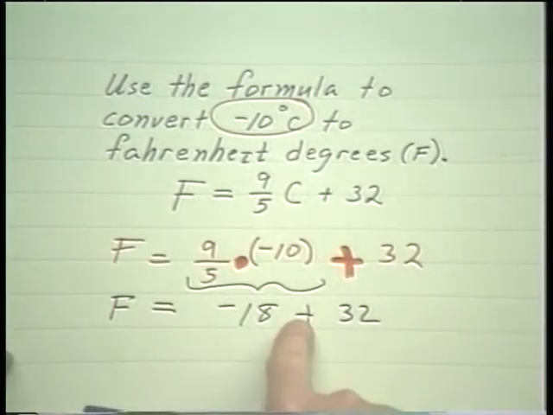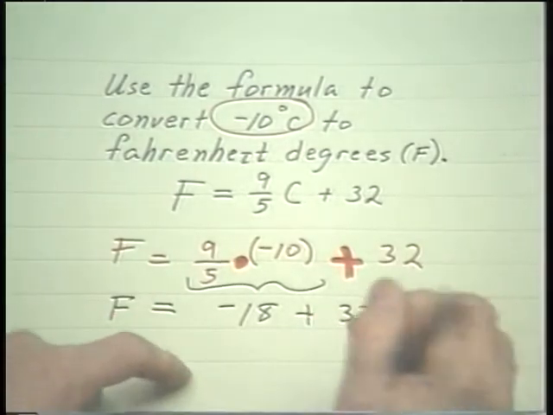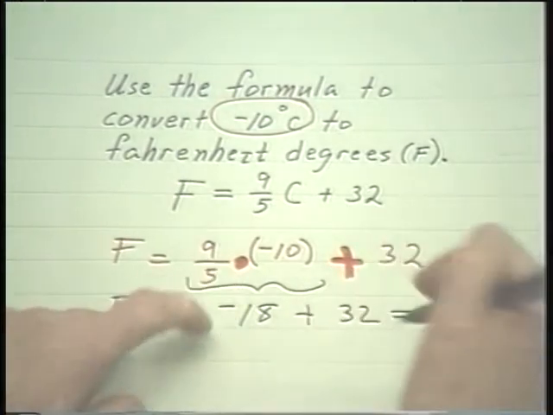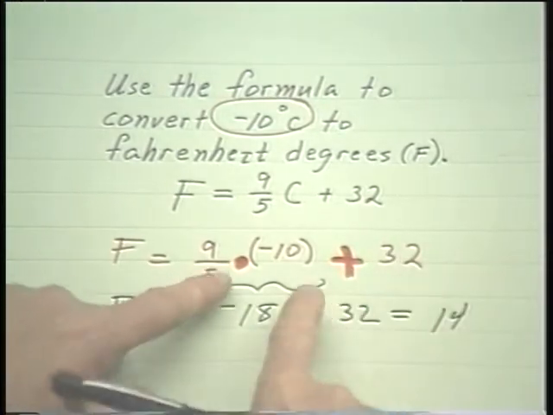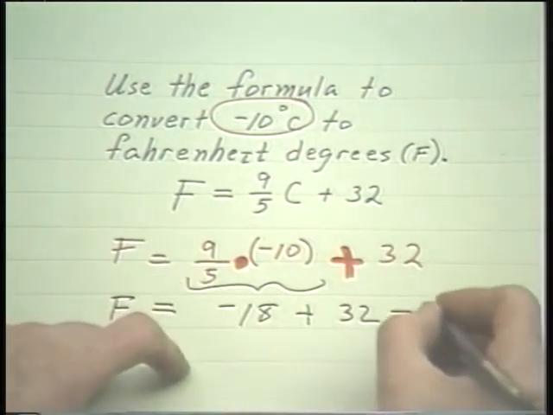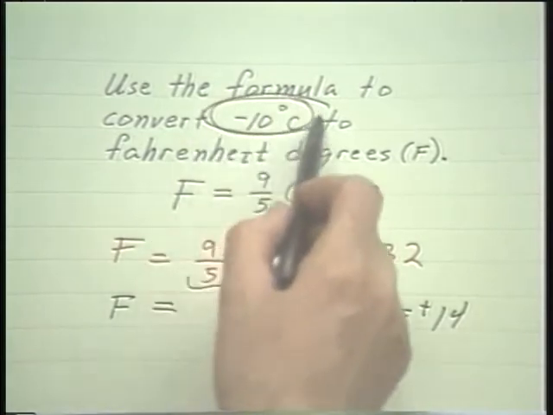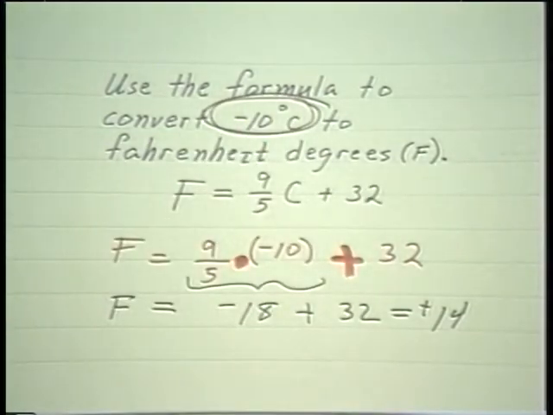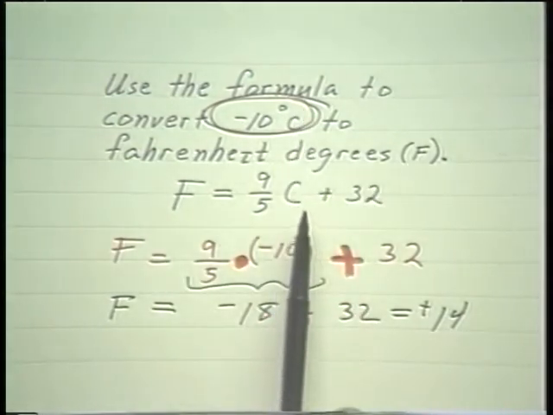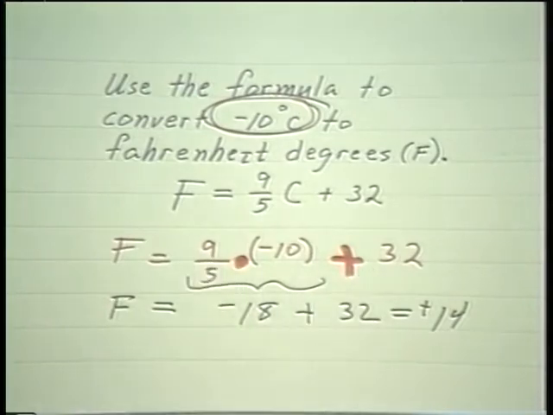Now we're adding unlike signs, so we take the difference, which is 14, give it the sign of the larger absolute value, which is 32, and that's positive. So negative 10 degrees Celsius is the same thing as 14 degrees above zero, or plus 14 degrees Fahrenheit. Very, very frequently in formulas you have to use negative numbers and then the order of operations.